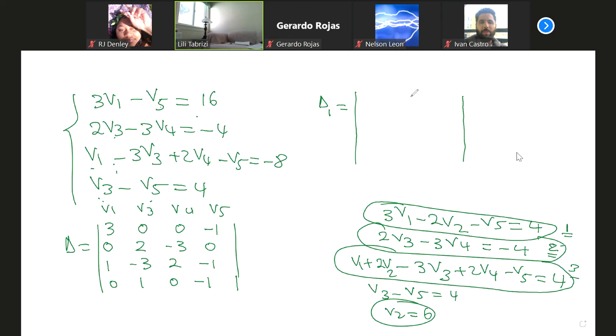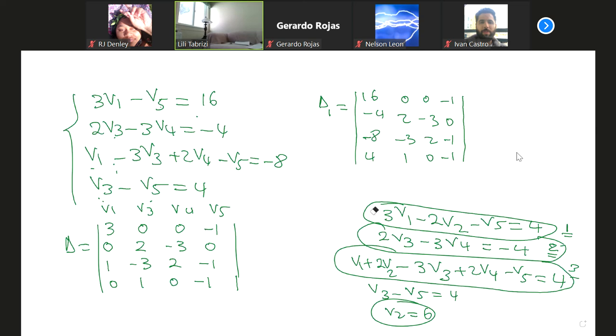So you repeat 0, 0, minus 1, 2, minus 3, 0, minus 3, 2, minus 1, 1, 0, minus 1. Column 1, under V1, you substitute by the right-hand side. 16, minus 4, minus 8, and 4. This is your delta 1.